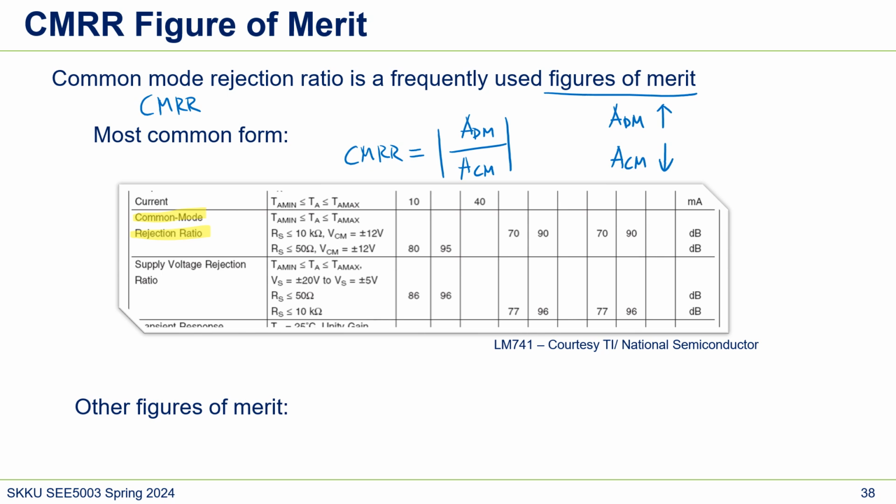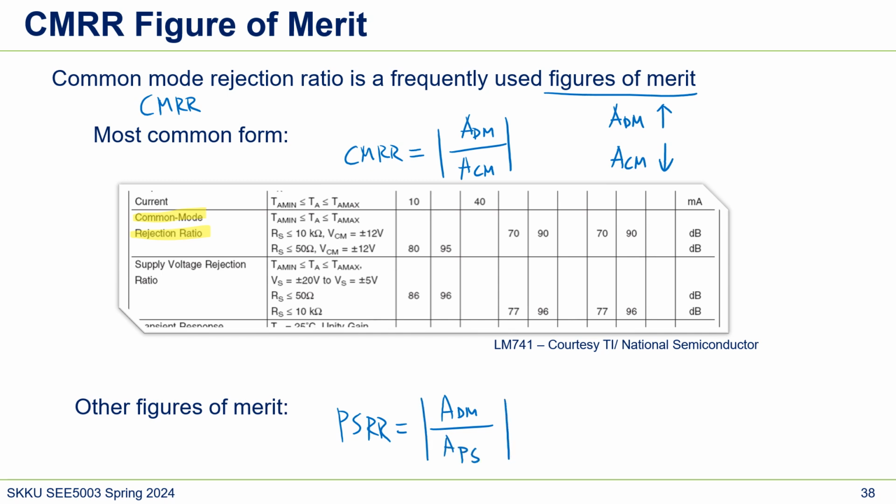The other figure of merit is PSRR, the power supply rejection ratio. This is the differential gain over the gain from the power supply.